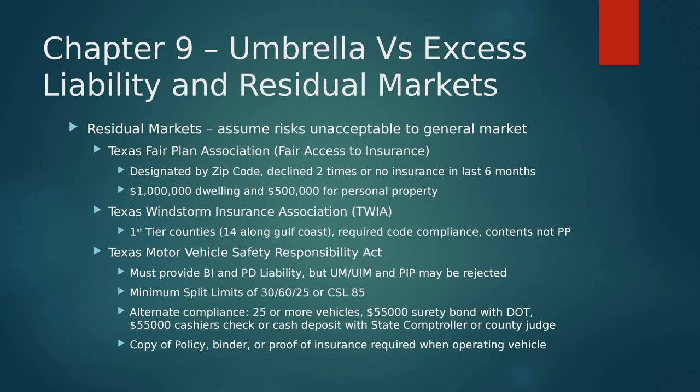When you do that, you definitely want to make sure you have the proof of this alternate compliance in the vehicle with you at all times, because the copy of the policy, a binder or proof of insurance, or the alternate compliance is going to be required when you're operating a motor vehicle to display for the review of any law officer that pulls you over while operating the motor vehicle.